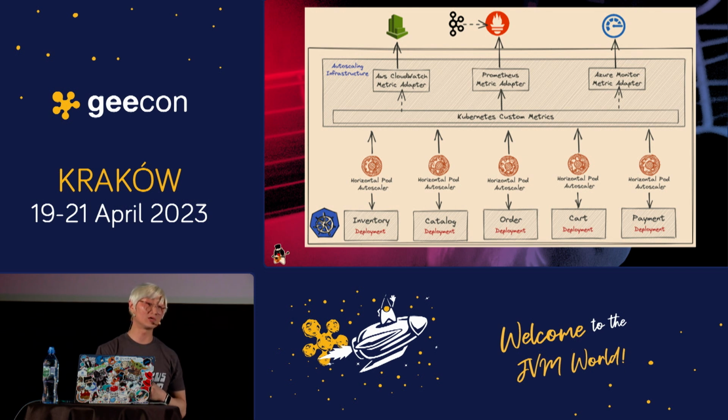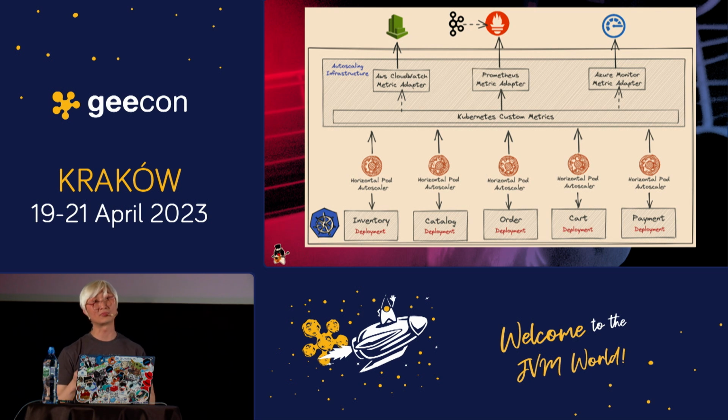But you cannot create a Kafka metric adapter directly. That's why you need Prometheus between the Kafka cluster and Kubernetes to get a metric adapter, and that metric adapter allows your application to scale up and down or in and out.